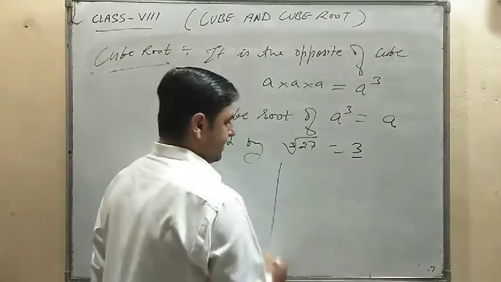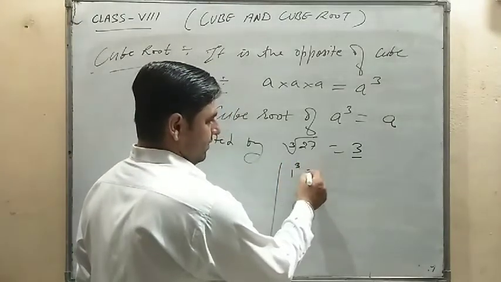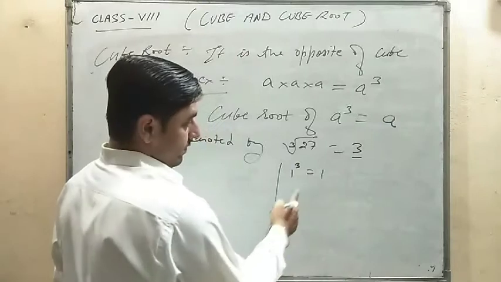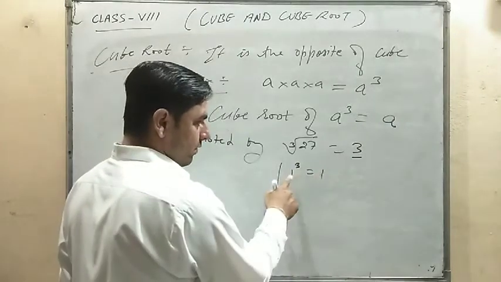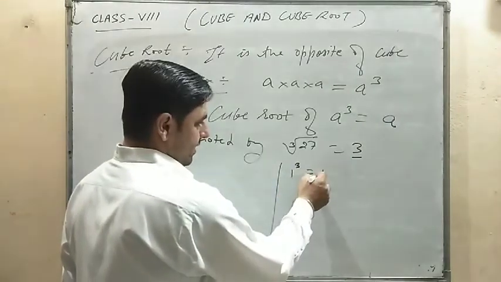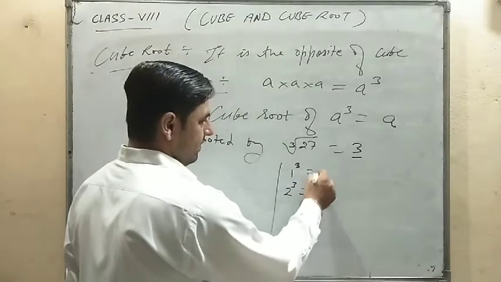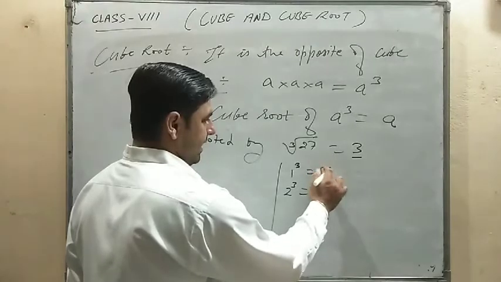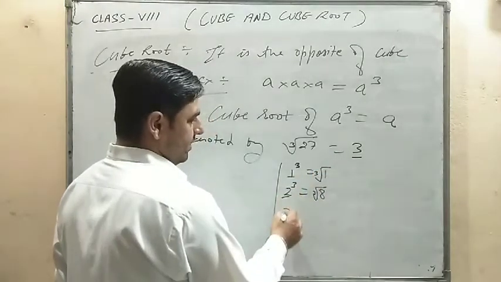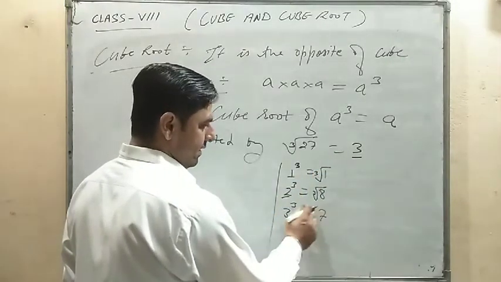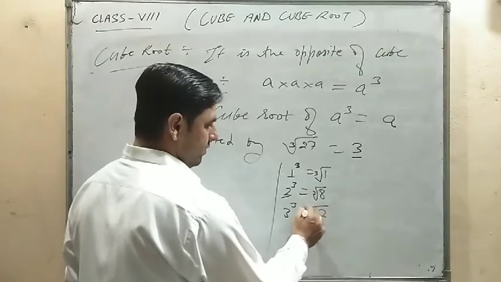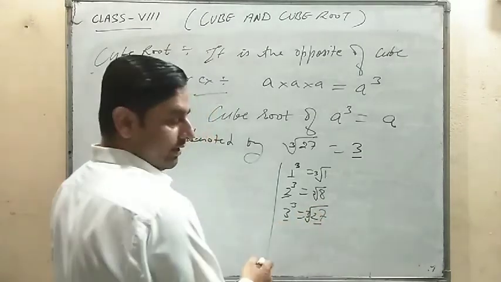We already discussed: 1 cube is equal to 1, so what is the cube root of 1? 1. And 2 cube is equal to 8, so what is the cube root of 8? 2. And 3 cube is equal to 27, so the cube root of 27 is 3.